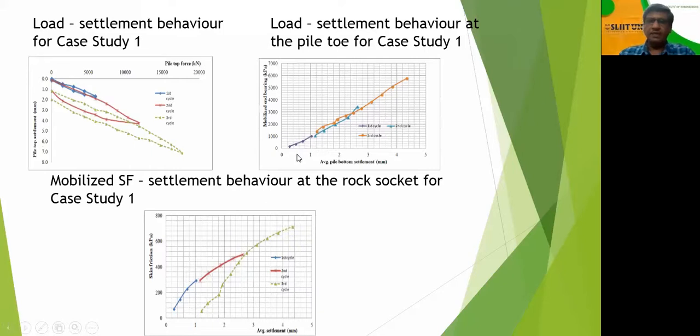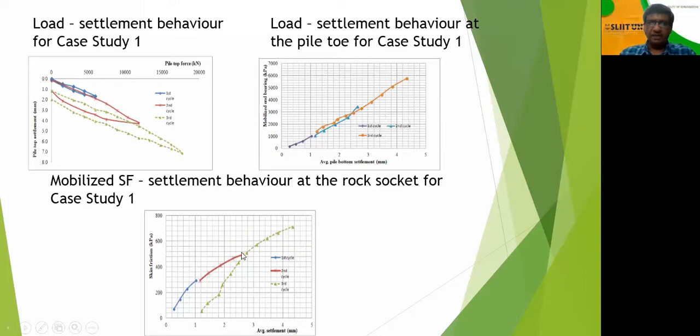Now this is the bottom settlement versus mobilized end bearing capacity. You can see the mobilized end bearing capacity is in the range of 6,000, at a bottom displacement of about 4 millimeters. So this is the mobilized skin friction for case 1, because it is on fairly solid rock.